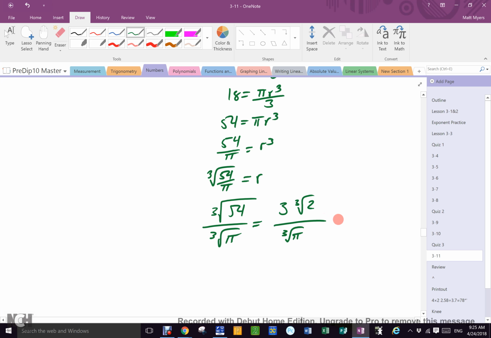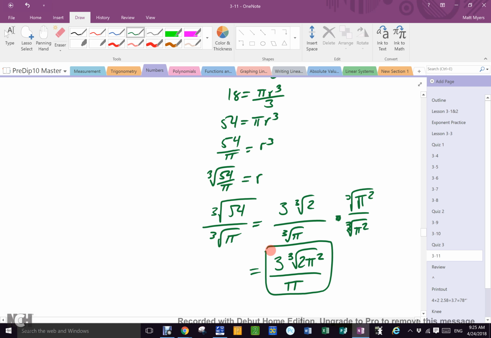Technically, you wouldn't want that there, so you would multiply this by the cube root of pi squared, which gets me pi on the bottom, and 3 cube root 2 pi squared up top, if you were completely finishing it to the end of what you can do.